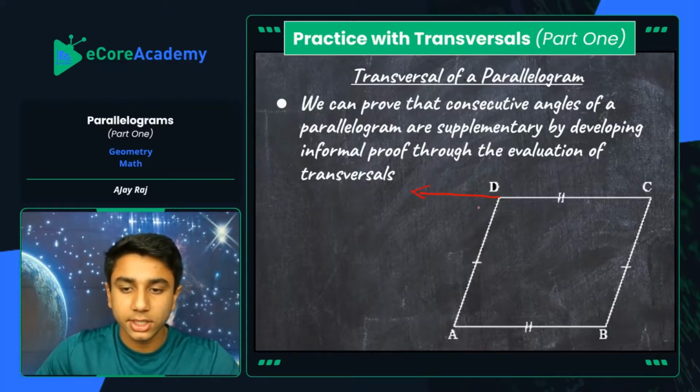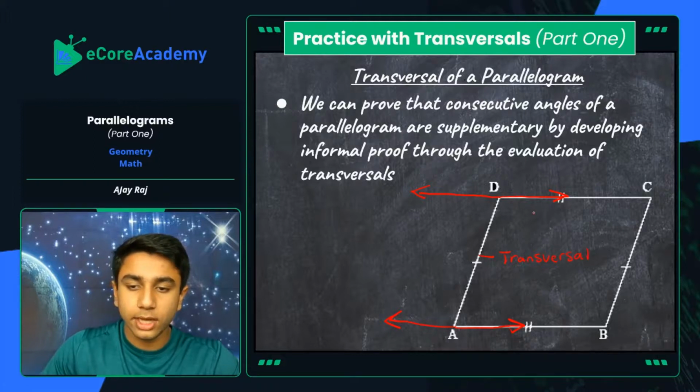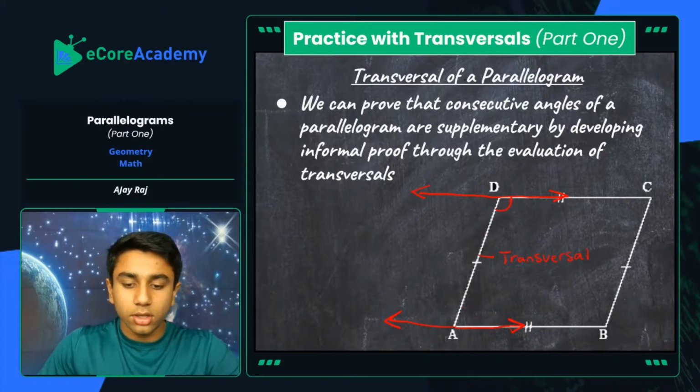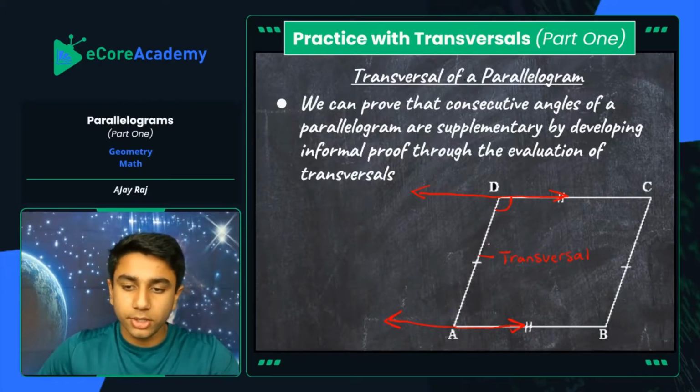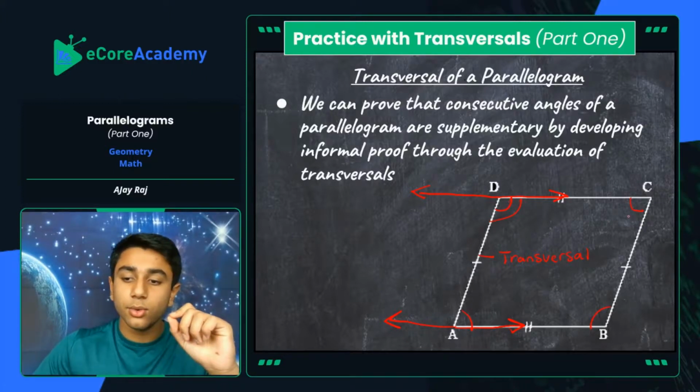So if we extend out DC right here and make our own line along line DC, and then another line here along AB as shown, we know that this is our transversal. And basically what happens, it's not just these two angles that are going to be your supplementary angles that add to 180, but we can also take a look here and see that this side CB also represents another pair of same side interior angles with another transversal.